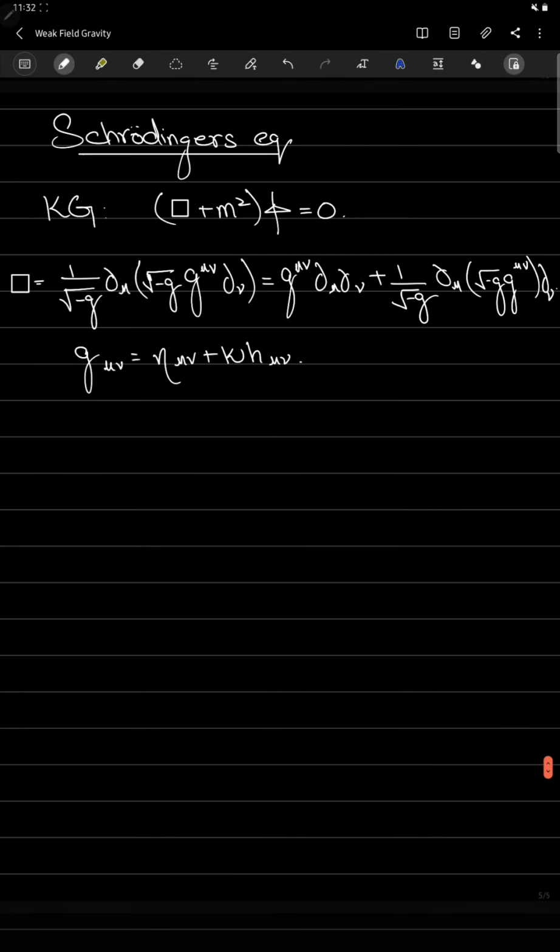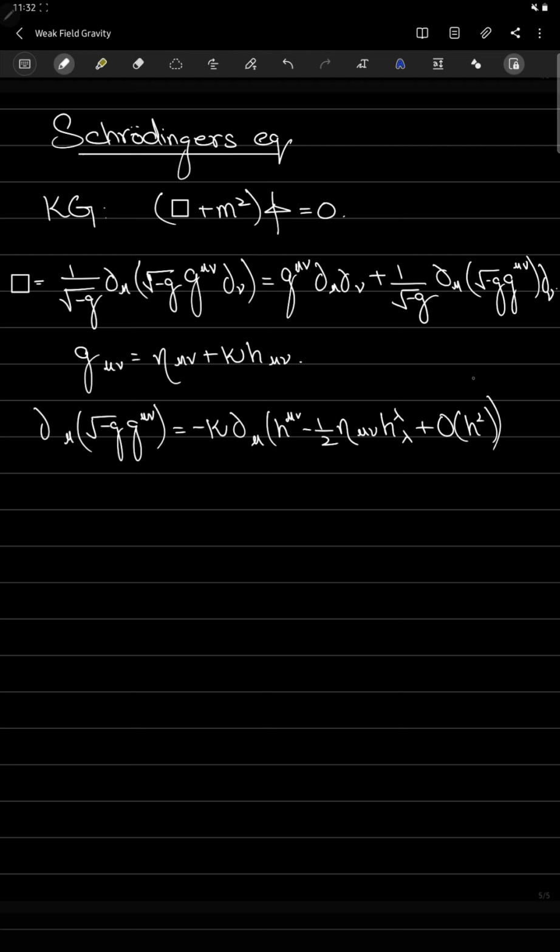So using this and the definition of the harmonic gauge, which was partial mu on square root of minus g g^{mu nu} is equal to minus kappa partial mu on h^{mu nu} minus 1 by 2 eta^{mu nu} times the trace of the field h, plus higher order terms of course, and this thing was equal to 0, right? That's how the harmonic gauge is defined.